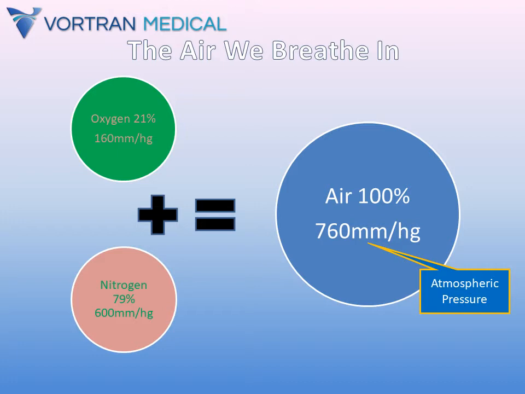Remember, there are other gases in the atmosphere, and frankly, I may have made this too simple, because there is another gas called water vapor that can, at times, play a significant role. But what you need to remember is that the sum of all the partial pressures for a given volume we breathe in or out must add up to 760 millimeters of mercury.